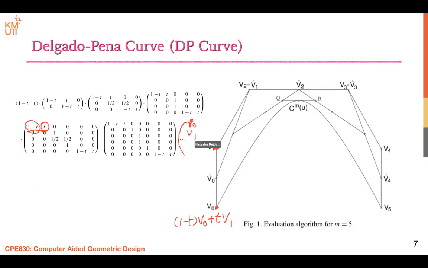Okay, and then this one is linear interpolation, half and half, this one is a linear interpolation. It's exactly the same as this formula. And also this one is 1 minus t and t. This one is 1 minus t and t.